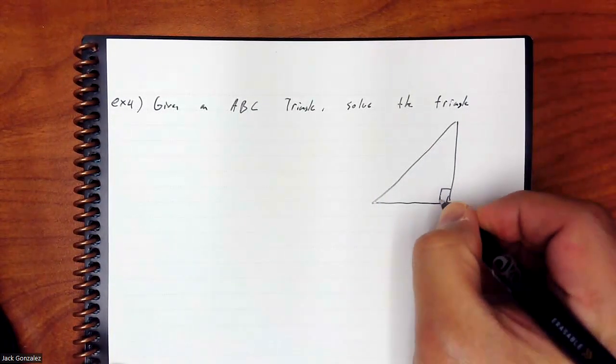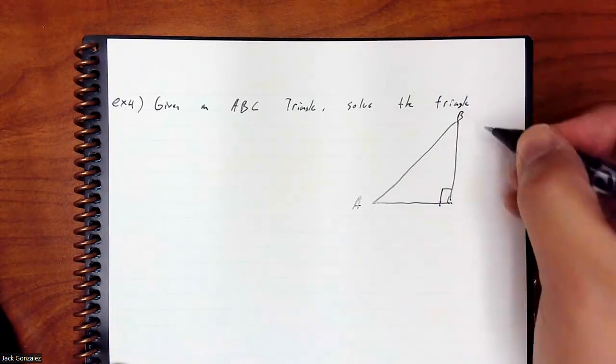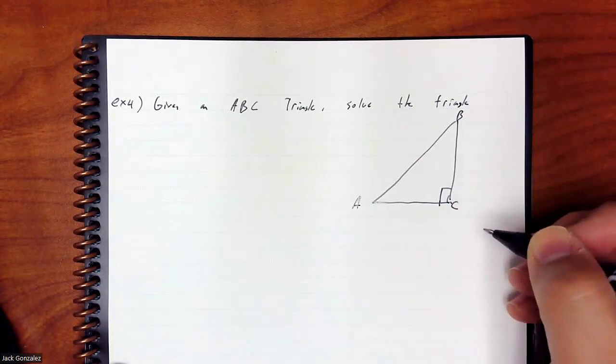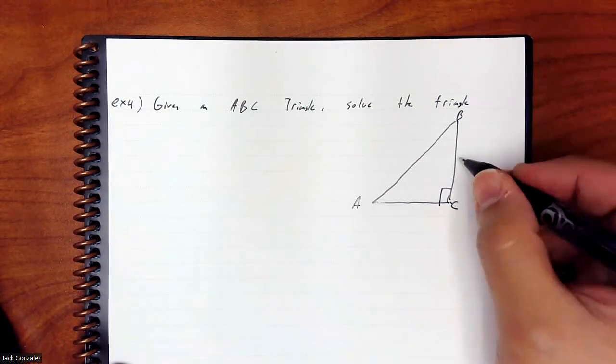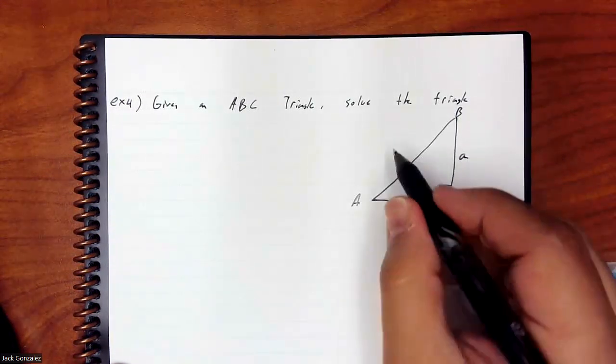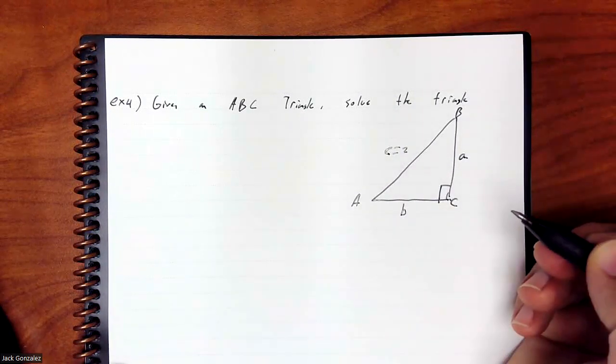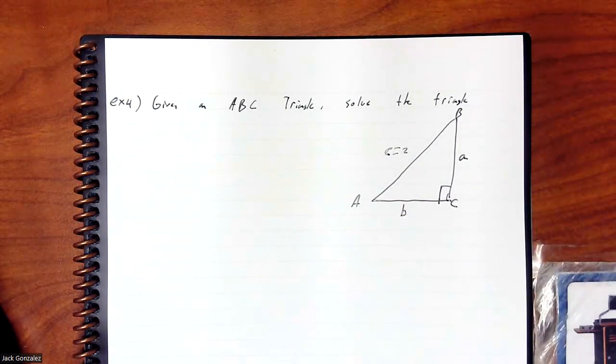So here's the triangle. Here is A. Here is B. C will be the right angle. Lowercase a is right here. Lowercase b is there. Hypotenuse is equal to 2, which is lowercase c. The book also uses capital letters for angles.